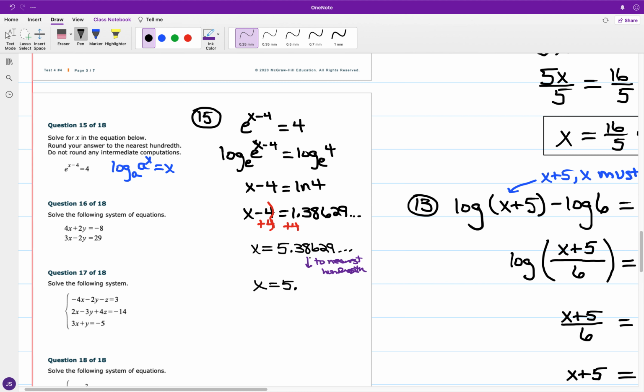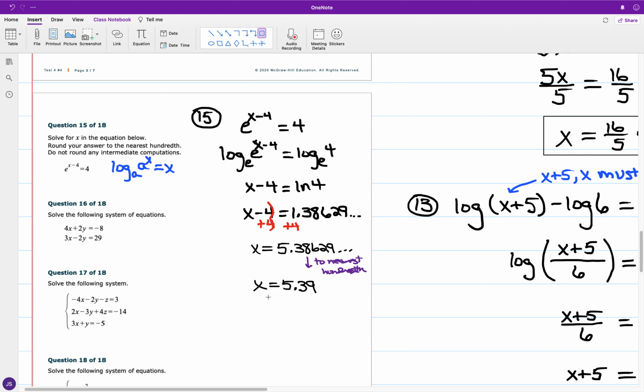This signals that the 8 is going to go up, and to the nearest hundredth, for x, this is going to end up at 5.39.